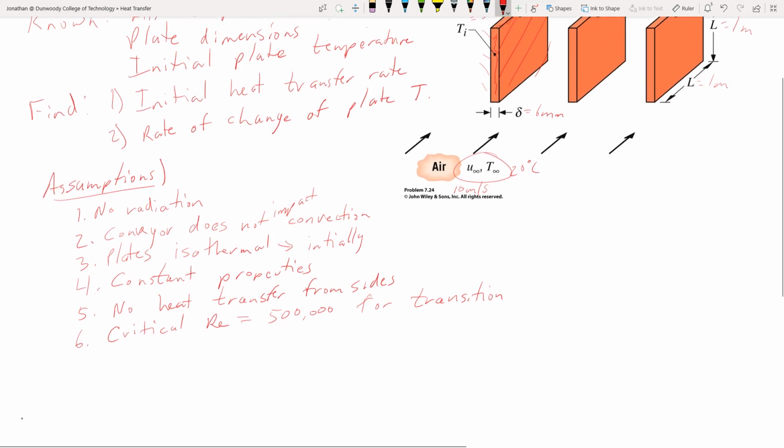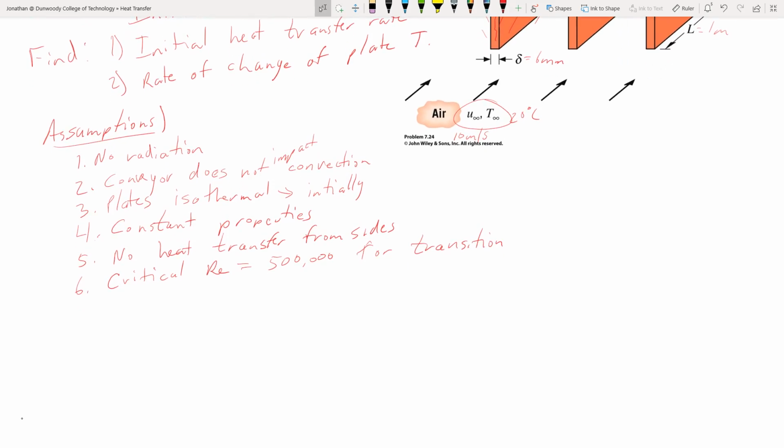Alright, so with that, now we need to do some properties. So for the steel, T is 300 degrees C, or what is that, 573 Kelvin. From table A1, AISI 1010.